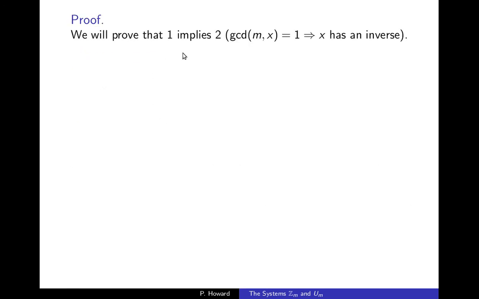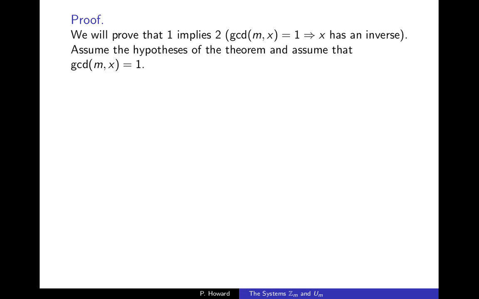Okay, so we're proving part 1 implies part 2. In other words, we're proving that if the greatest common divisor of m and x is 1, then x has a multiplicative inverse in Z sub m. So we are going to assume that the greatest common divisor of m and x is 1, and we will construct the inverse of x, pretty much like we did in our examples.